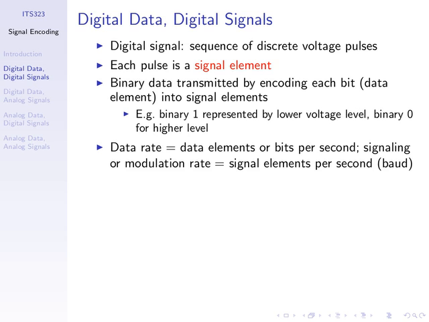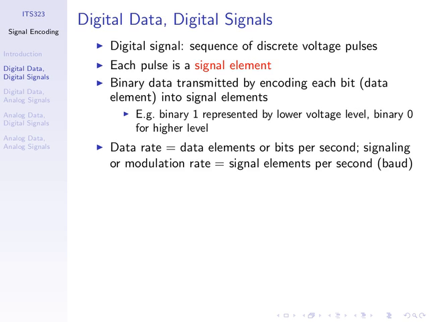If the pulse duration is 1 millisecond, our signalling rate, also referred to as modulation rate, or baud, is measured in baud. How many signal elements per second?